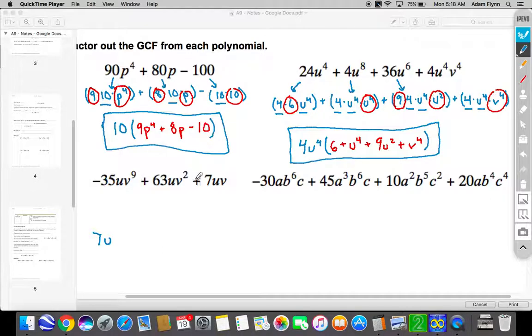So I know all of them have at least one v. So I know my greatest common factor is 7uv. I can take that 7uv, or I can take all my terms and divide them by 7uv to find out what I'll be left with.